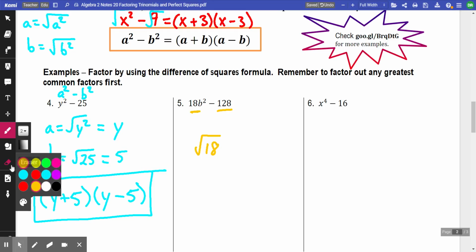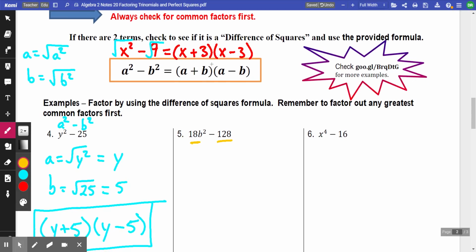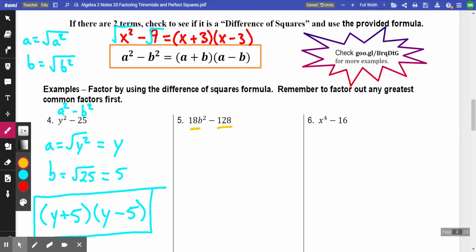So the question is, what do we do at this point? Well, something we've discussed is to check for a common factor. When a strategy doesn't work right away, it doesn't mean it's never going to work. Maybe what we need to do is just see if our terms have anything in common. In this case, I see both terms are even. I know I can at least divide them both by 2.